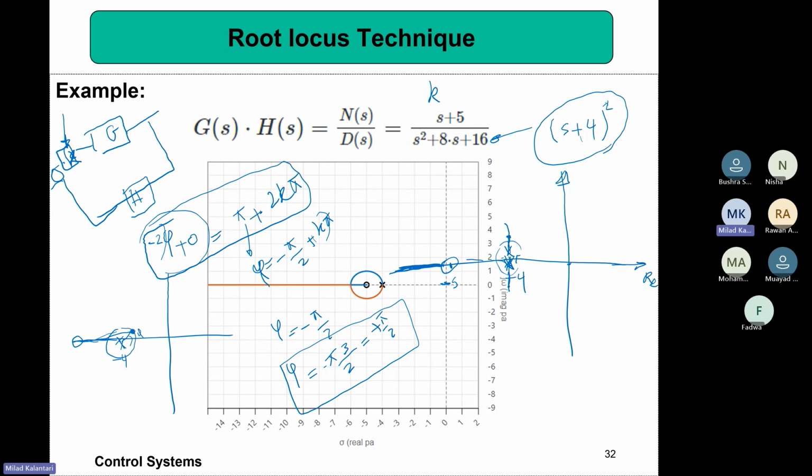Right. And then what else can you figure out from this? We know that, okay, we can find the centroid again afterward, right? The centroid is where we have two poles at -4 plus -4, and one zero at -5, right? For the zeros, we do another -5, and then divide by 3, because overall, oh, sorry, divide by 1.